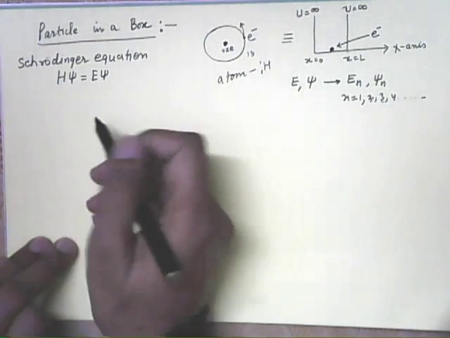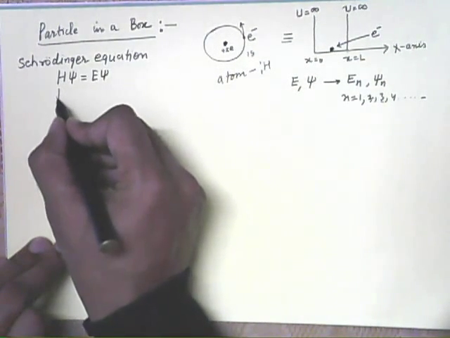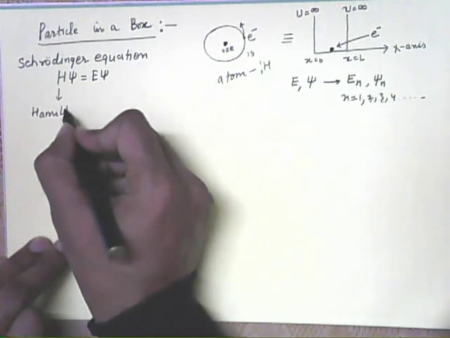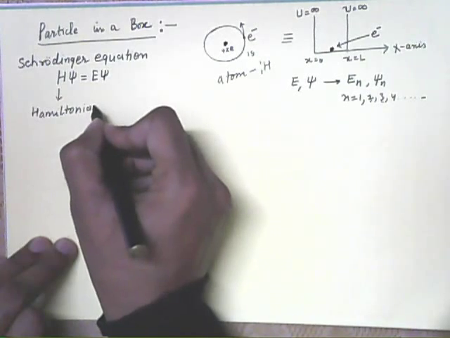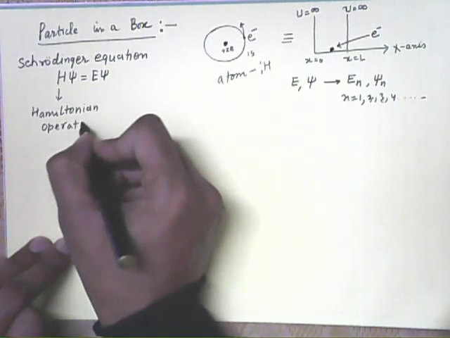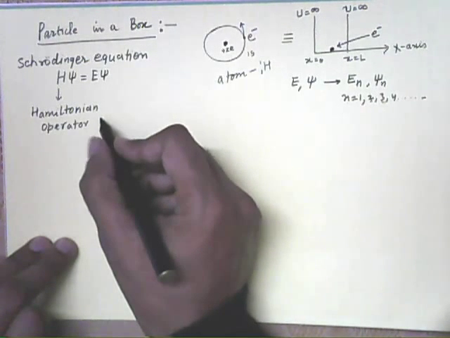H psi equal to E psi, where H is the Hamiltonian operator, that is basically the total energy.